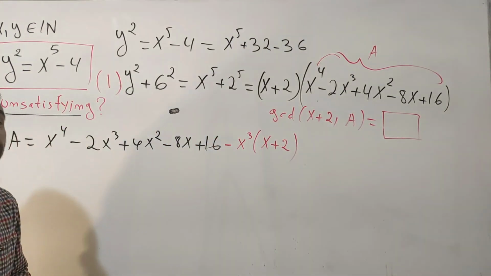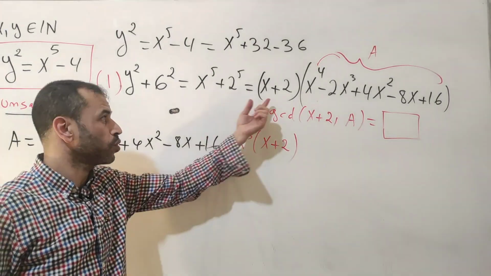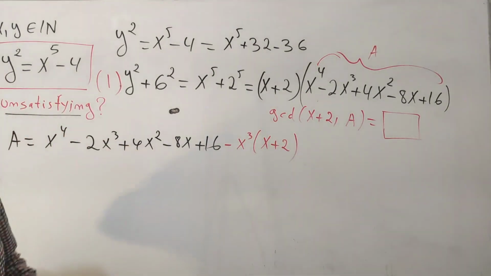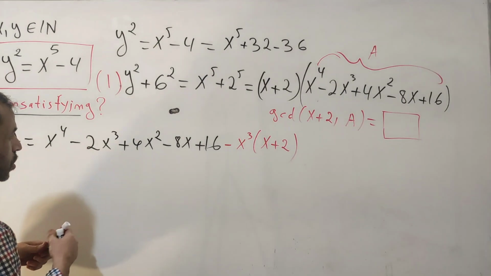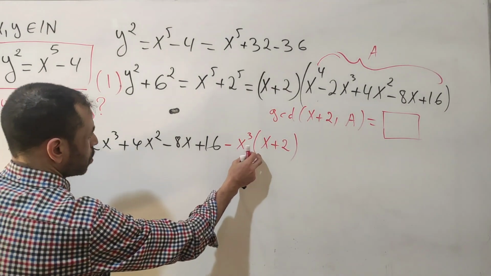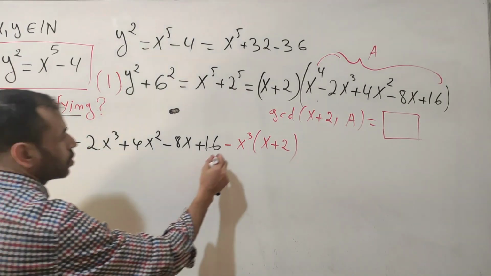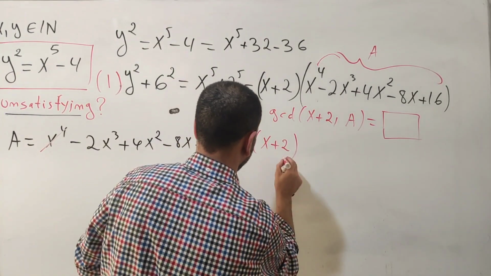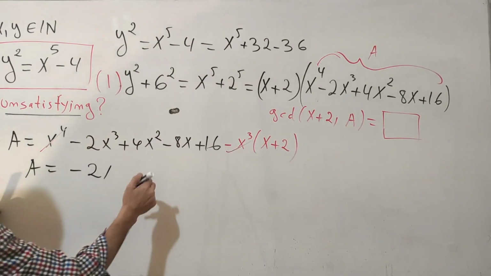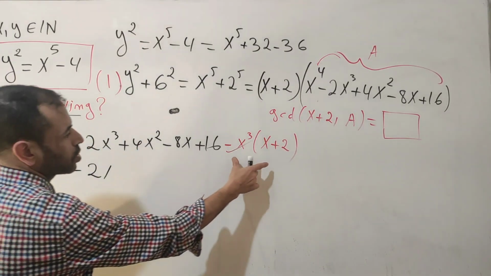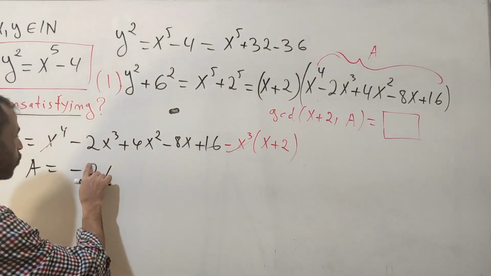The GCD is not changed if I add or subtract a multiple of it. So x to the fourth is cancelled out, and I'm left with capital A equals minus 2x cubed, and with the other minus 2x cubed it becomes minus 4x cubed.